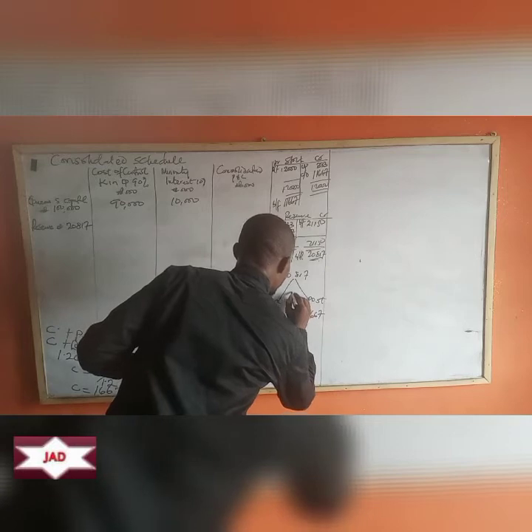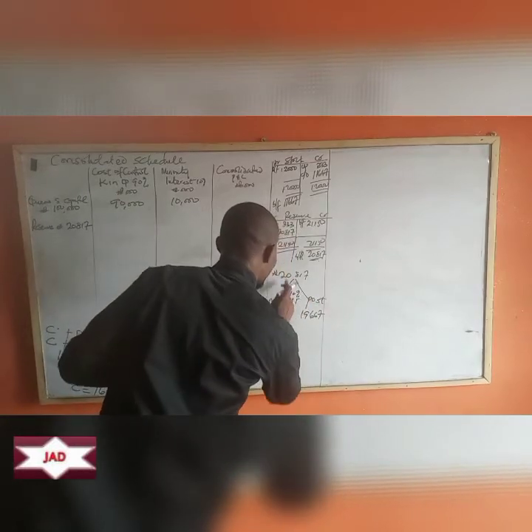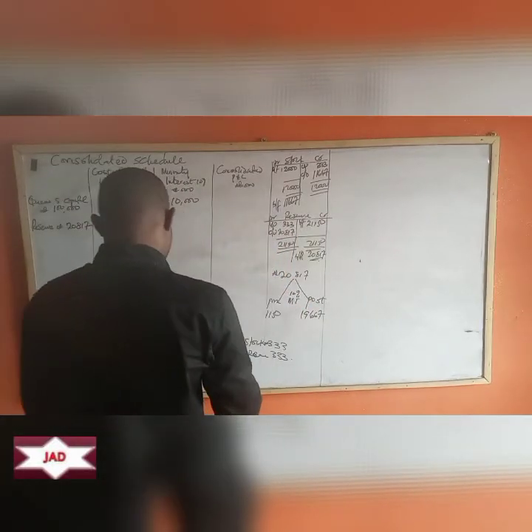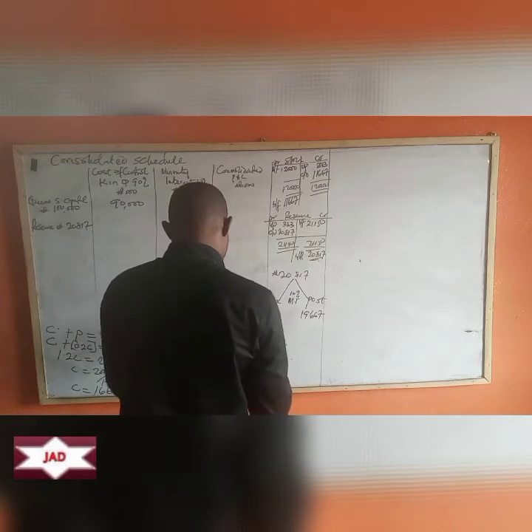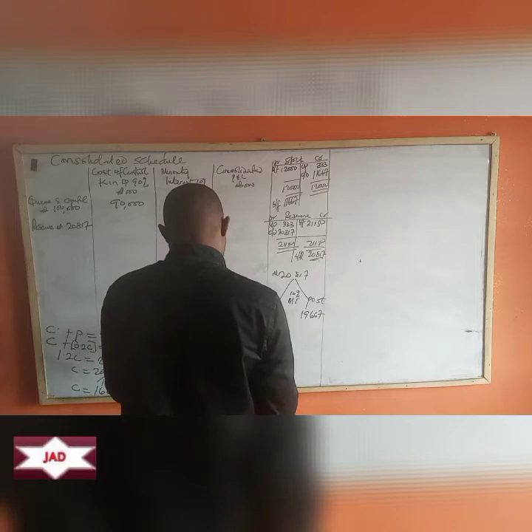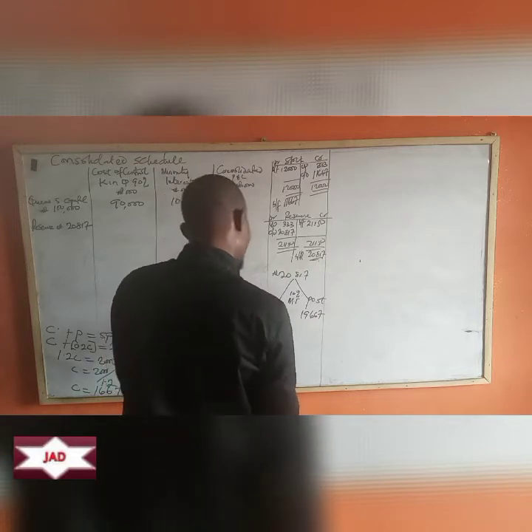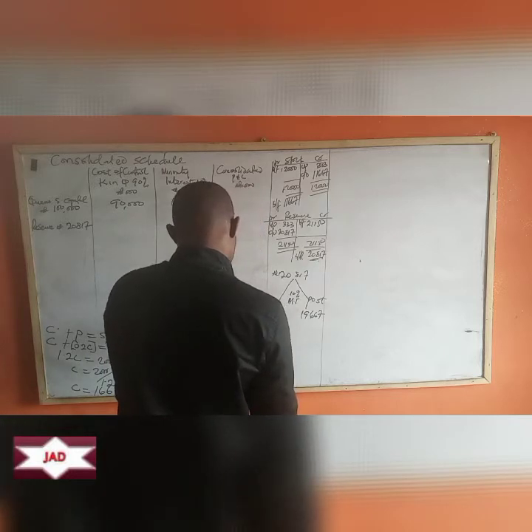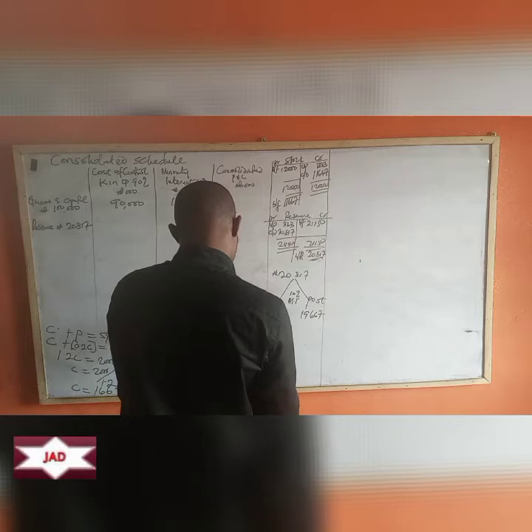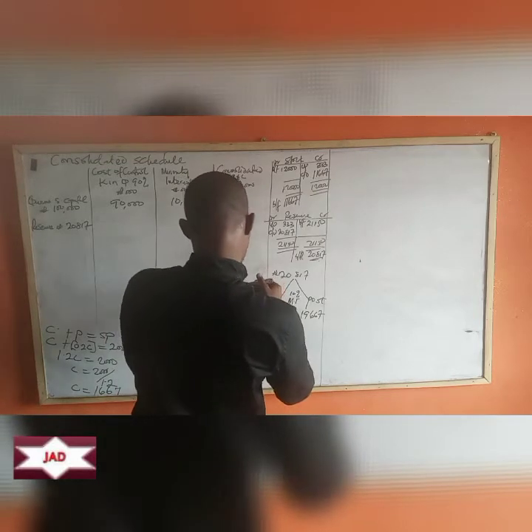So what do we do now? Minority interest is 10%. So 10% of this 20,817. What do we have? 2,081 approximately.